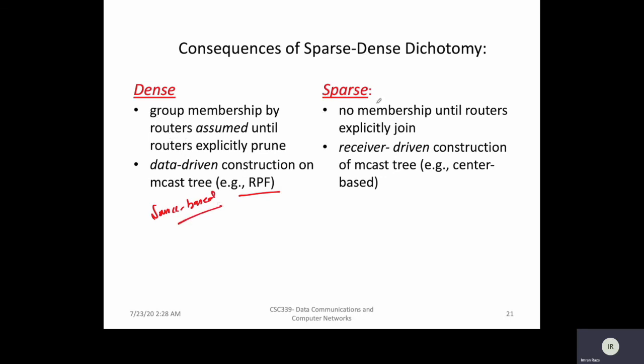And if I talk about protocol independent multicasting sparse mode, it's basically receiver-driven construction. This means it's based on a center or a rendezvous point. So here we construct a multicast tree by using the center-based approach.